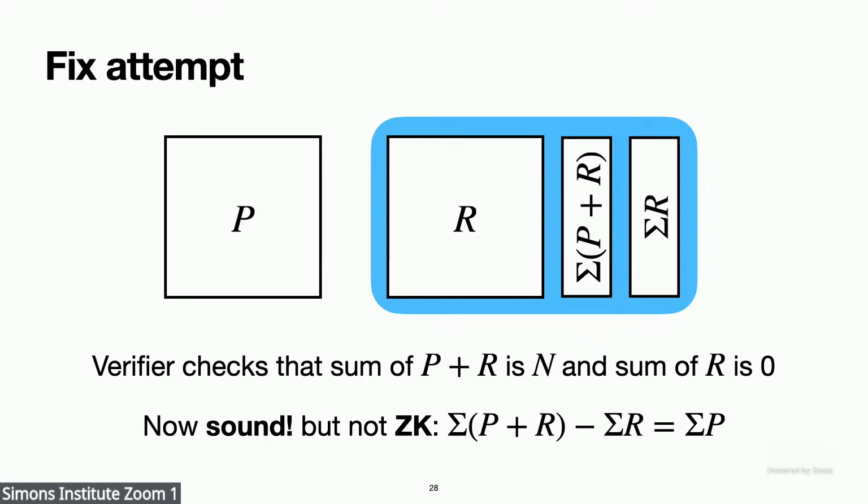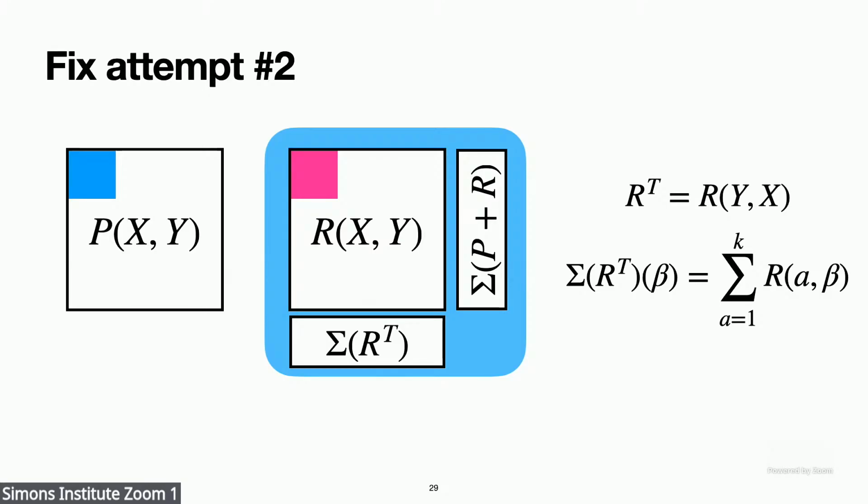But something very similar will work, and it's kind of weird that it does. So here's what we do. Rather than doing both sums in the same direction, we use the fact that the sums are symmetric under reordering of variables. And so we do this sum over the rows and this sum over the columns.